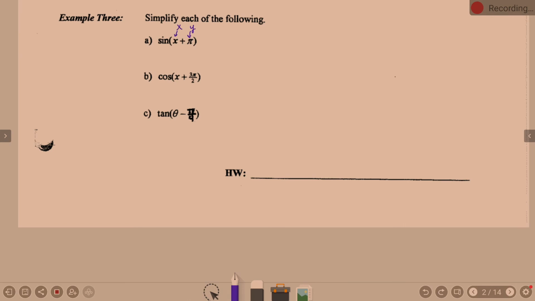I'm going to think of those as my x and y values. So how does my sine identity work? Write this out with me. How does sine start?